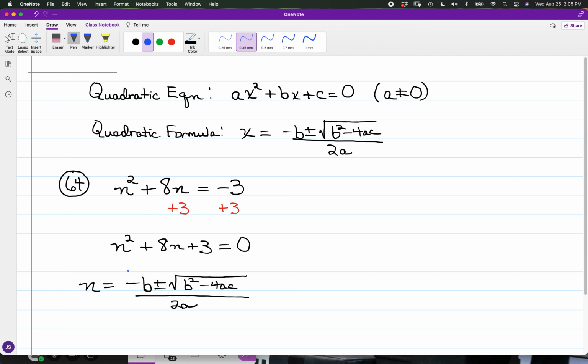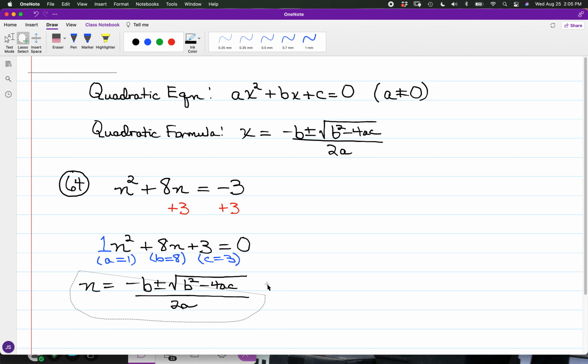Looking at what will represent a, b, and c: we have n squared, which you would read as 1n squared, so a is equal to 1, b is equal to 8, and c is equal to 3.